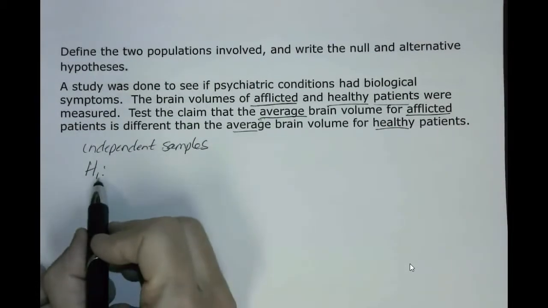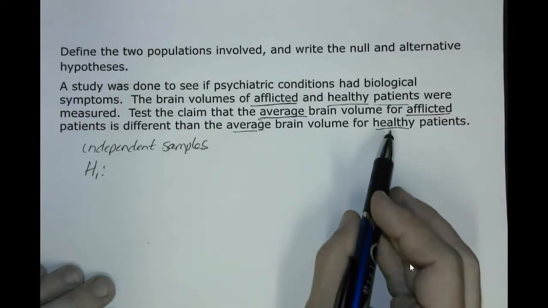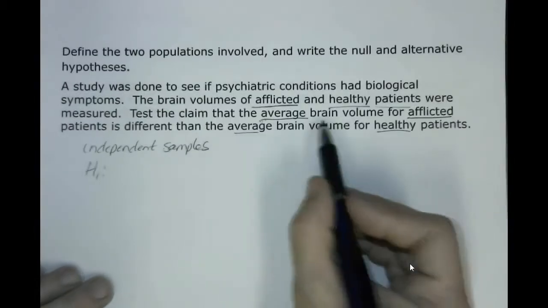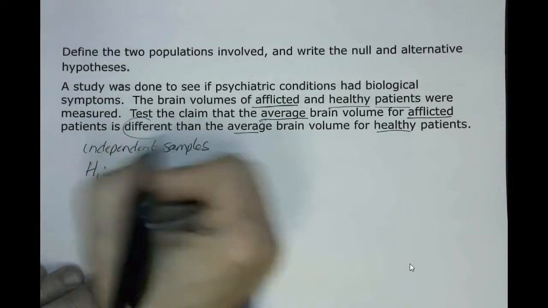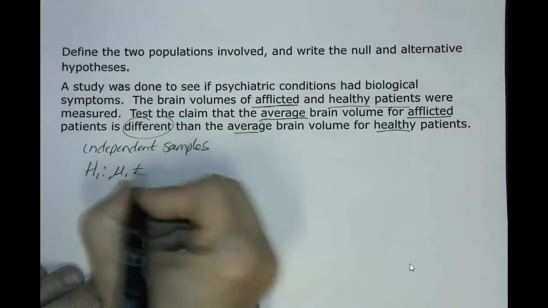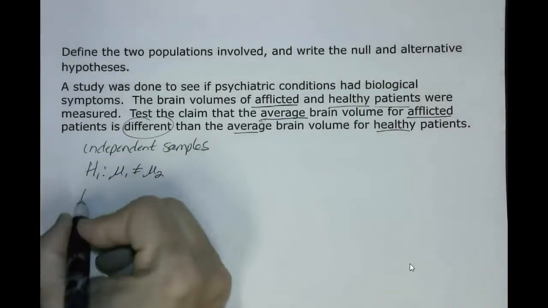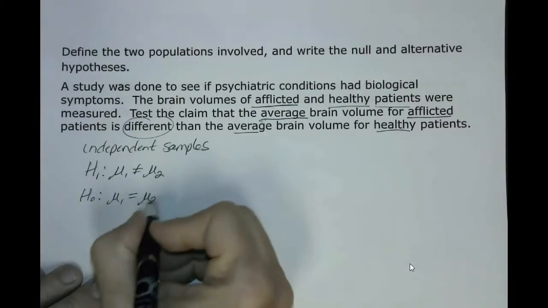So for your H1, you're going to have mu1 and mu2, and you want to know whether one is bigger than the other one, or whether they're just not equal to each other. So this one in the claim, it doesn't say anything about more or less, it just says whether they're different. So all you can say here is mu1 is not equal to mu2. Then for your null hypothesis, it would be that mu1 is equal to mu2.